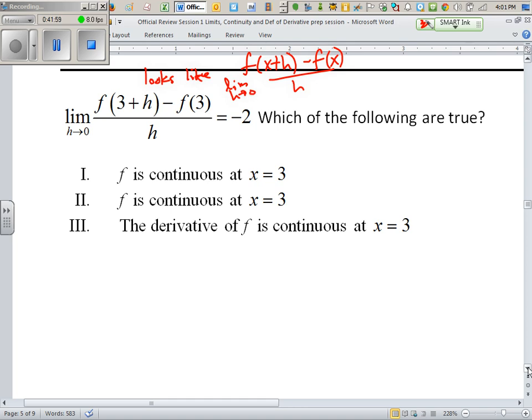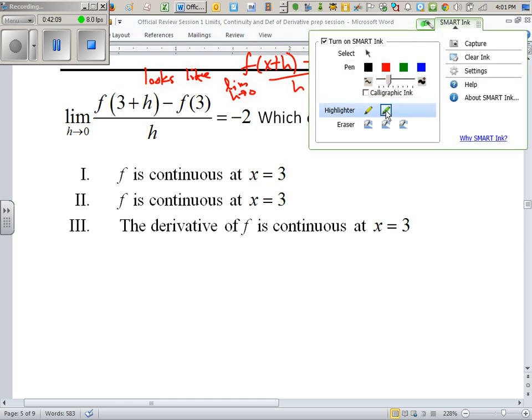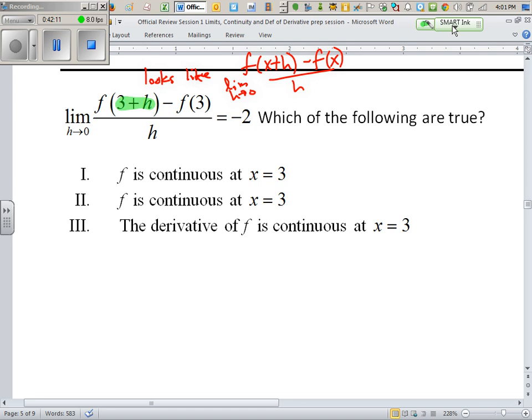What does it look like x is on this problem? I mean, you can see from direct inspection that this one says f of 3 plus h, and this one says f of x plus h. So what is my x in this problem? 3, yeah. This says f of x, this is f of 3. It looks like x is 3, you see.